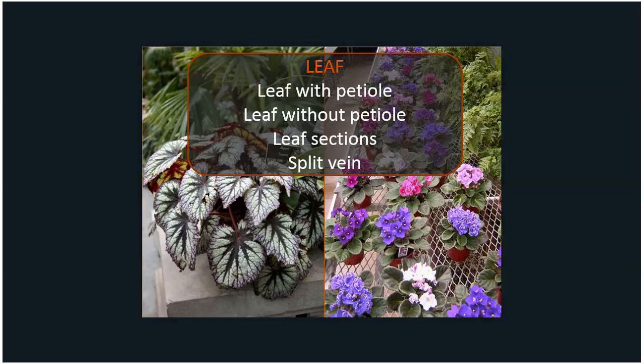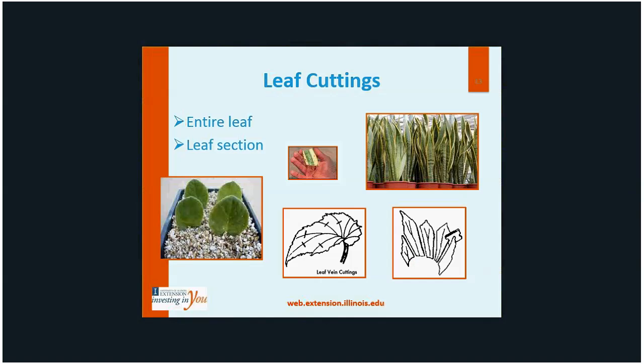And if we have a look on our next slide, on the bottom in the middle, we have a begonia, a black and white diagram of a begonia cutting. This is one of those cuttings where I can take either leaf segments, or the other thing I can do with this is take that entire leaf and lay it flat down on the soil, making sure I have a moist soil and making sure that leaf's in close contact with that soil.